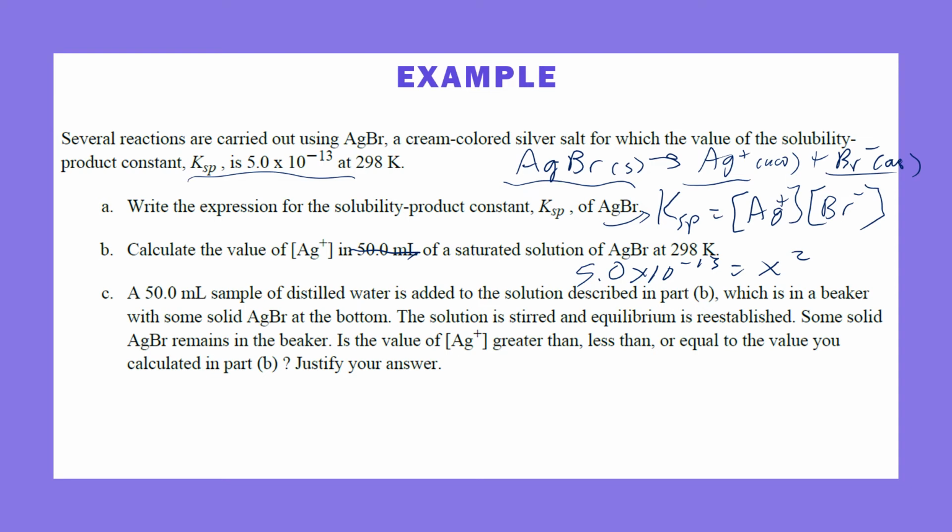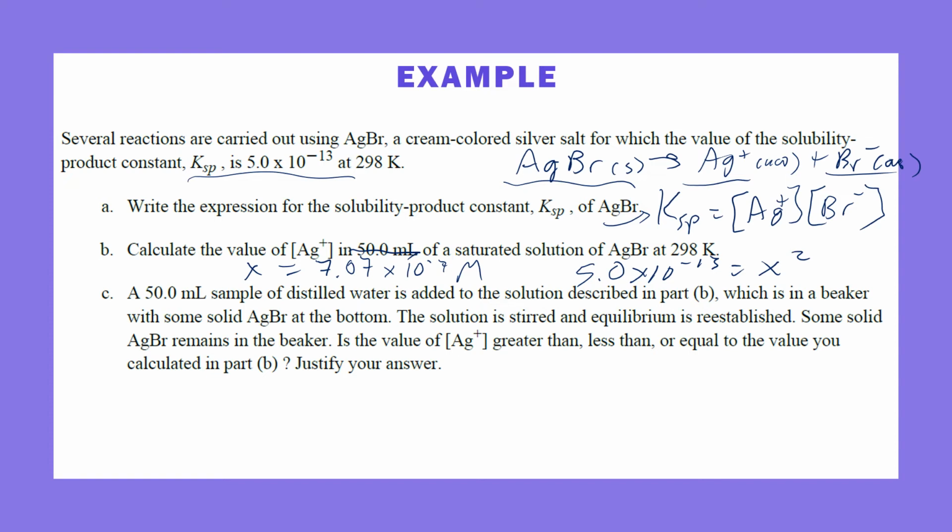And when you solve for x, you get 7.07 times 10 to the negative 7th with 3 significant digits, and that is your molarity. If it asks you to find moles, then that 50 milliliters would be important, but it just wants the molarity, so you're done. Part B was just 1 point.